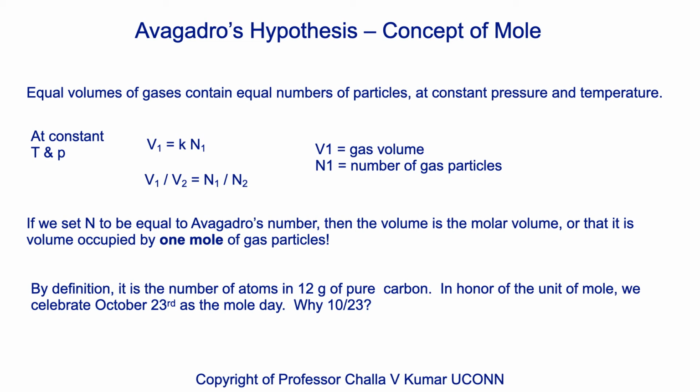Now, why is this so important? It's because chemical reactions occur in finite proportions. For example, one atom of hydrogen reacts with one atom of hydrogen to form one molecule of H2.